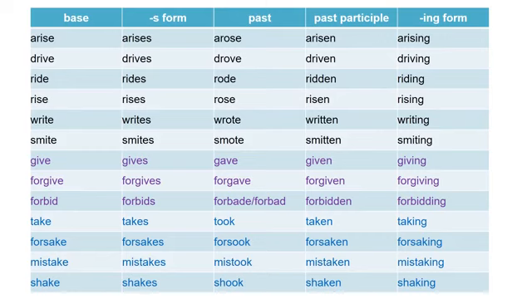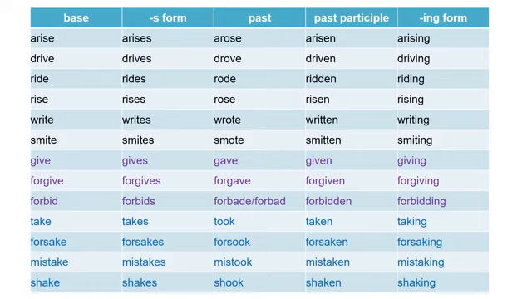Forgive, forgave, forgiven. Forbid, forbade, forbidden. Now some people say forbade in the past tense, but it follows the same pattern in that it starts with one sound, shifts to a different sound in the past, and then shifts again to another sound in the past participle.